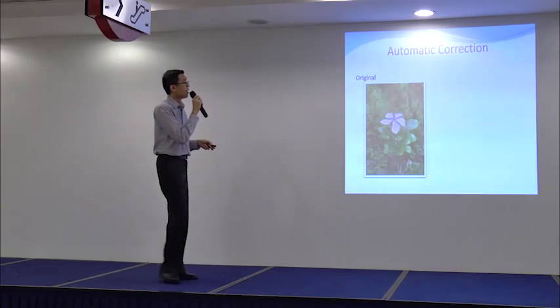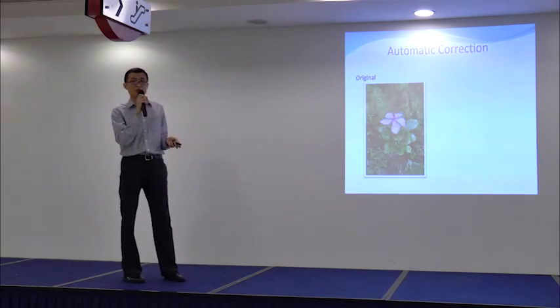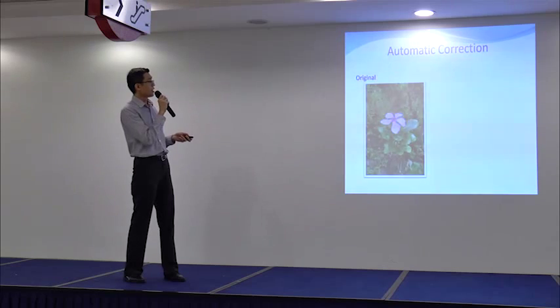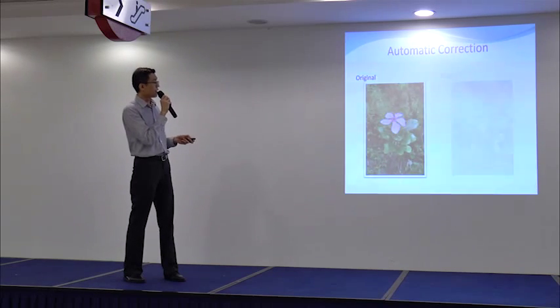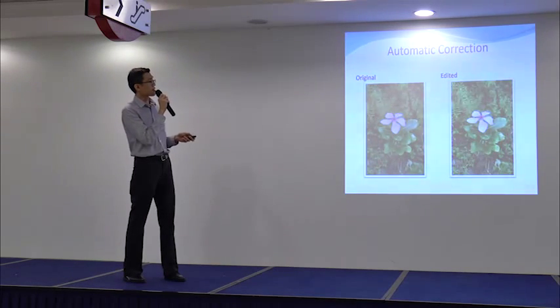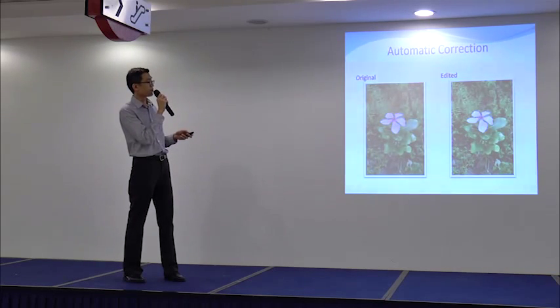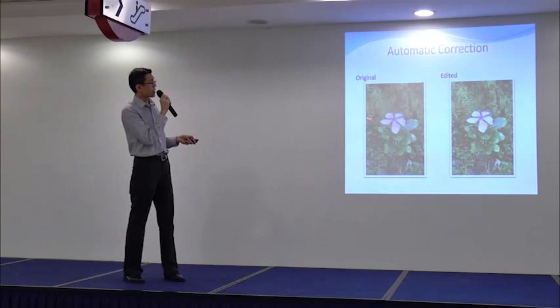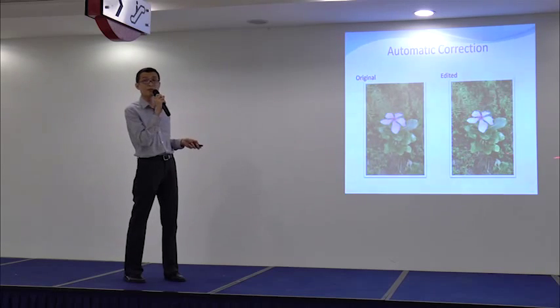Okay. For example, this is an original shot. And then this is what it does after it automatically corrected it. Okay, so you can see that all these things are a little bit dark, so it will adjust and brighten it up. Okay.